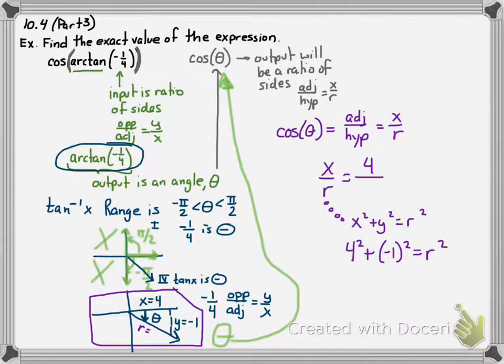So we have 16 plus 1 is r squared, so 17 equals r squared, so r is the square root of 17. Cool, so now I can fill that in down here. R is the square root of 17, and our x over r value is 4 over root 17.